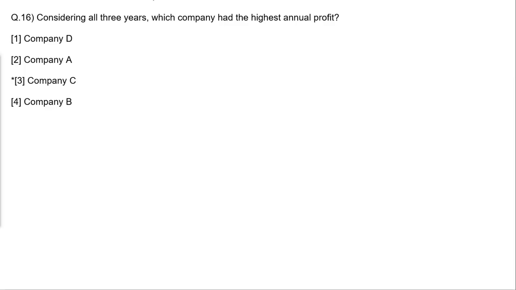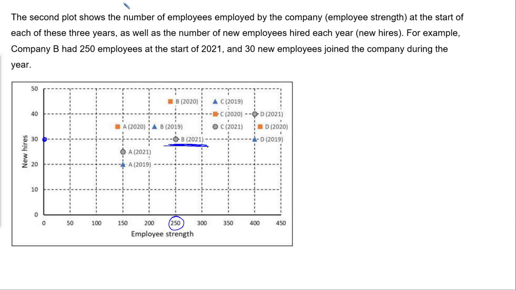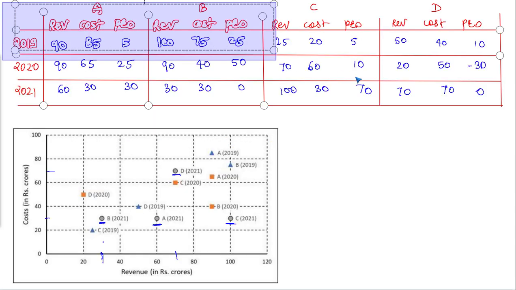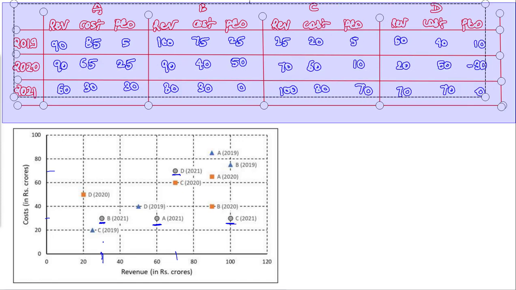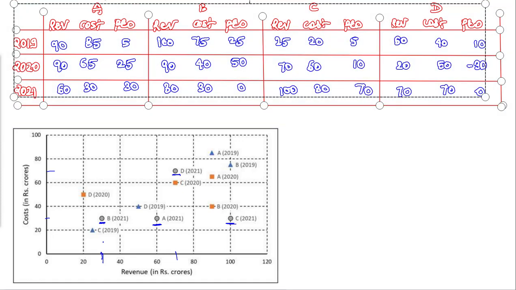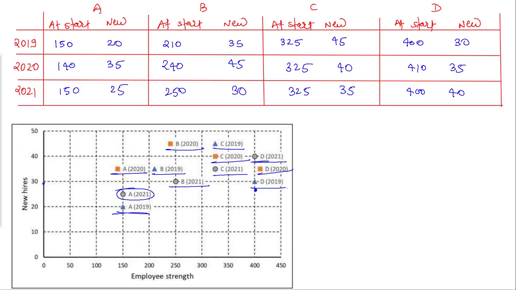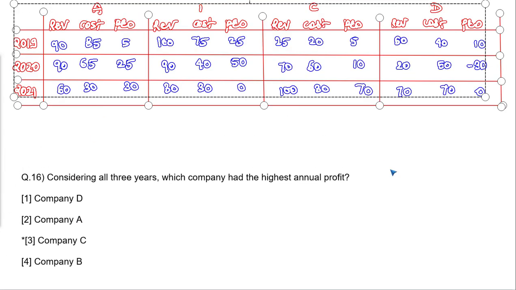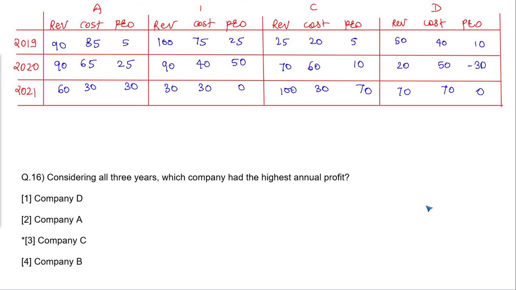The first question is, considering all the 3 years, which company had the highest annual profit? For that we need to take the help of the first table, so let's copy this table. Question number 16: considering all 3 years, which company had the highest annual profit?